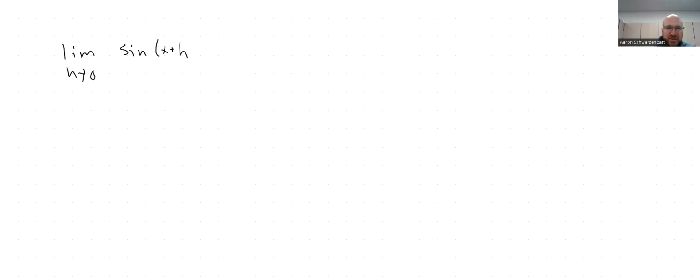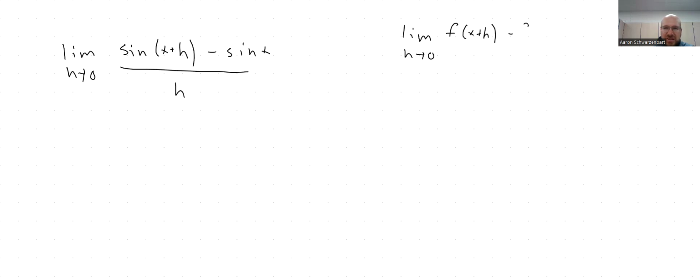Remember, this limit definition is f of x plus h minus f of x, over h. This is my definition of a derivative. And so I'm going to use that here.